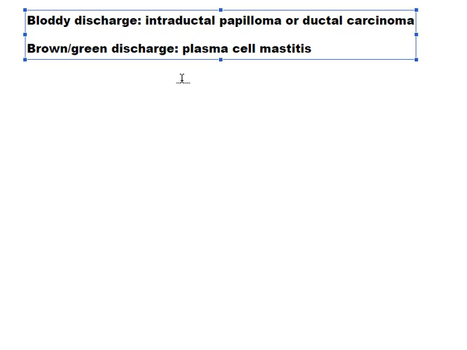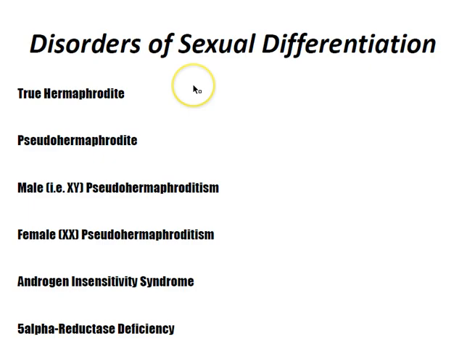And plasma cell mastitis is also known as mammary duct ectasia. Okay? So now that takes us on into disorders of sexual differentiation.